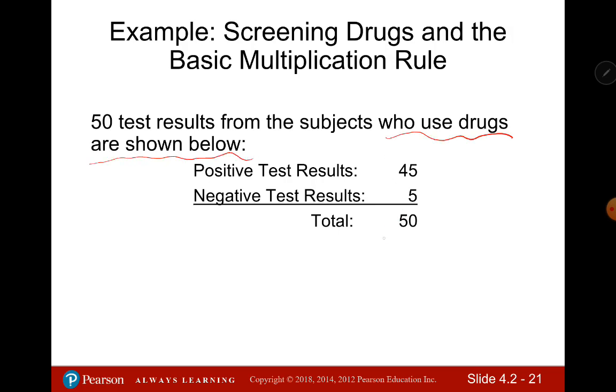So 50 people actually use drugs, but only 45 got the positive result. 5 got the negative result. Let's check the question.